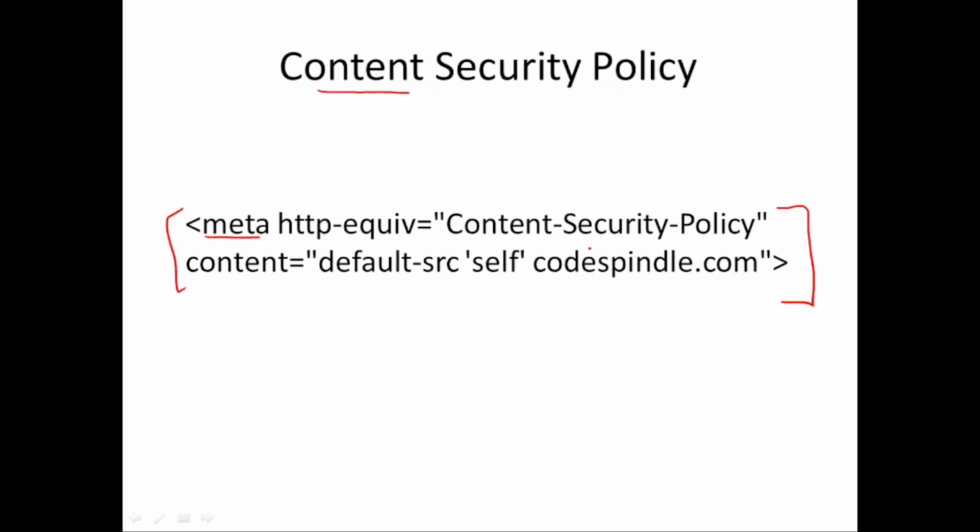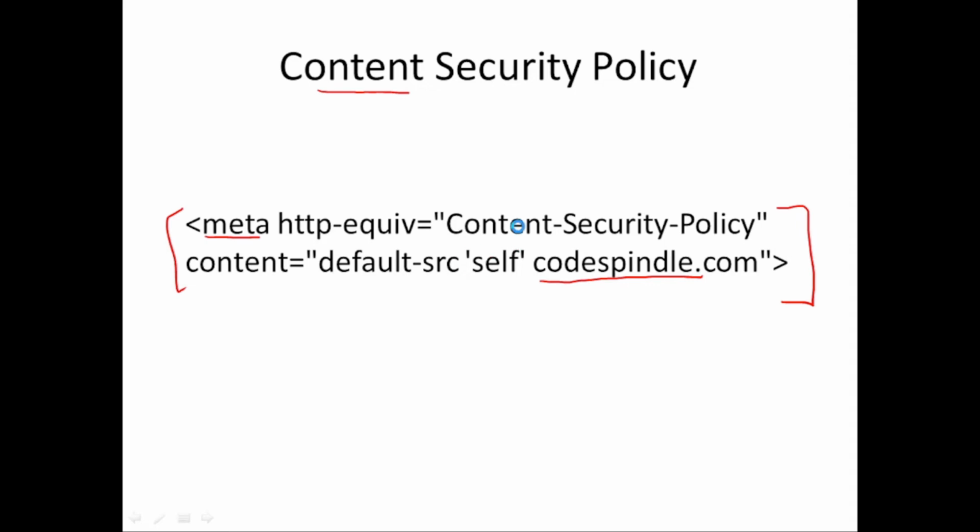Content security policy is used for mentioning the domains from which we'll allow the source code to execute. Say here I have mentioned codespindle.com. It means that the source that should be downloaded and executed should be from codespindle.com. So the allowable domains from which the source code should execute will be mentioned under content security policy. This is one of the strategies to prevent code from unwanted sources executing on your systems.